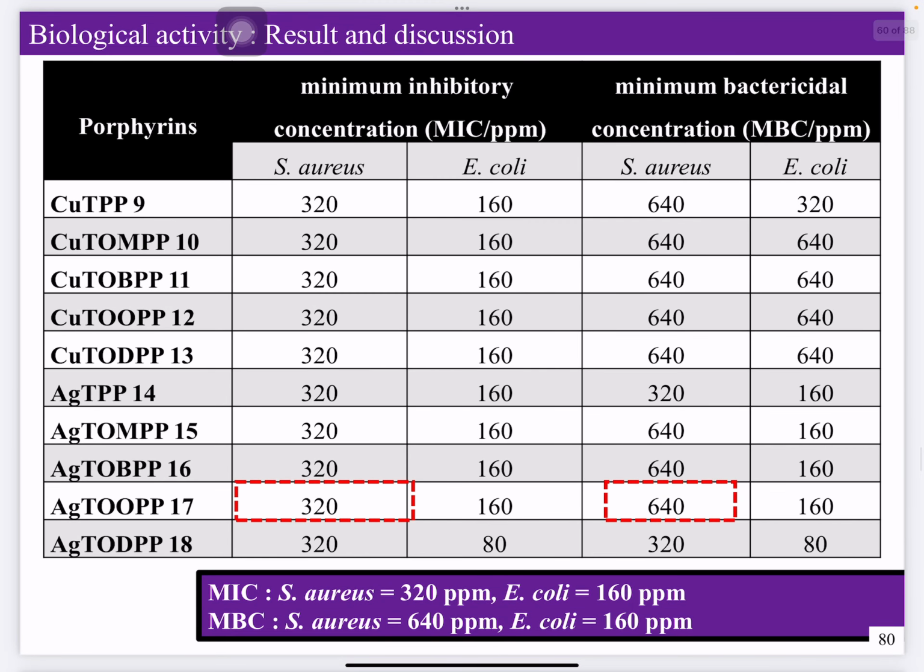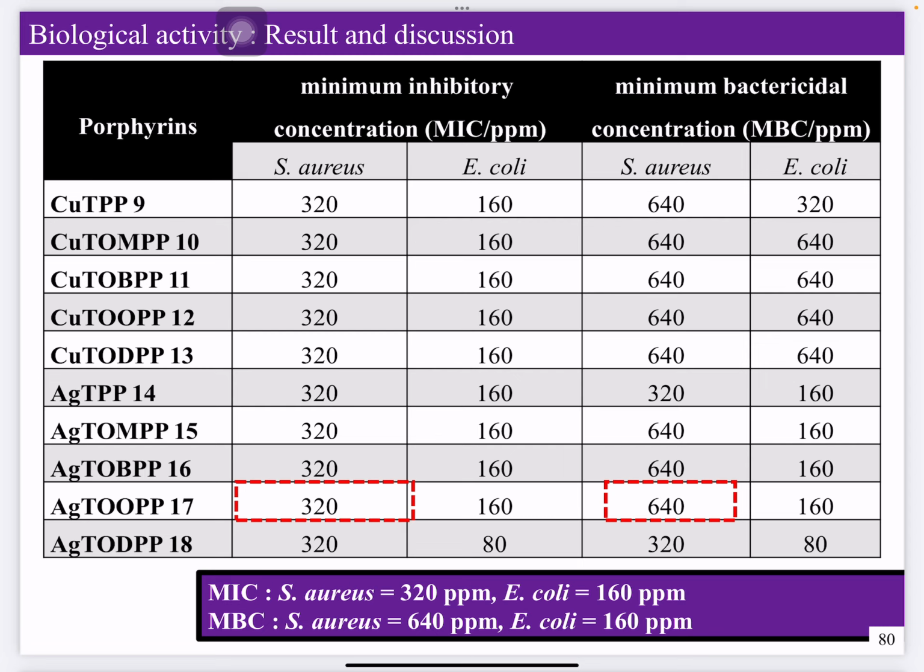The MIC and MBC are reported here. For S. aureus, the MIC is about 320, and for E. coli it ranges from 160 down to 80, especially for silver TODPP.